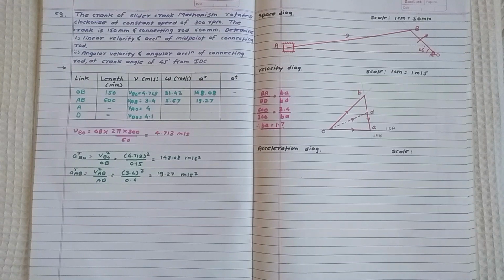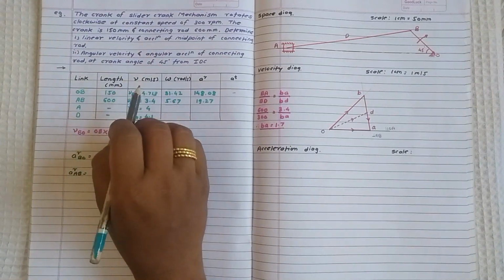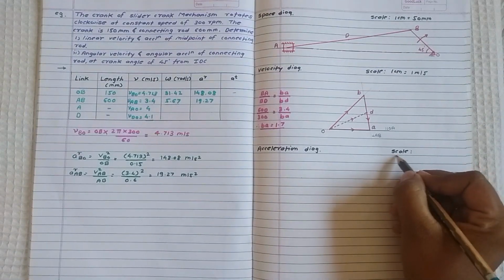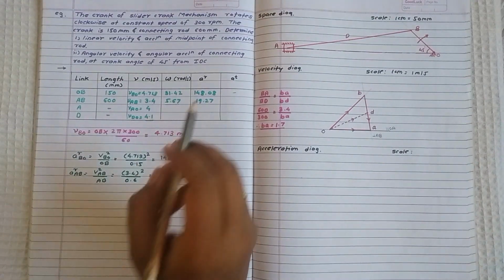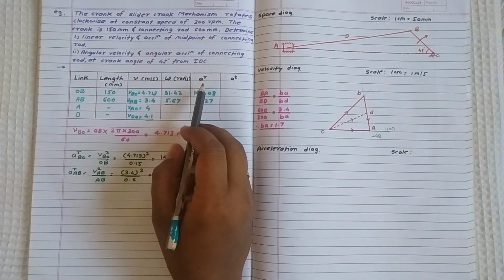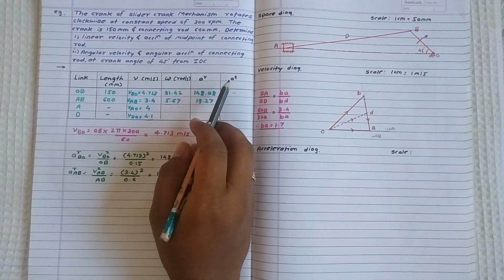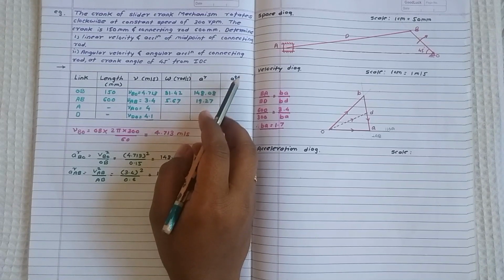Now we are interested in finding acceleration also, so we need to draw the acceleration diagram. Its scale is decided based on the acceleration of the input link. We know there are two components of acceleration for any link: one is the radial component and another is the tangential component.